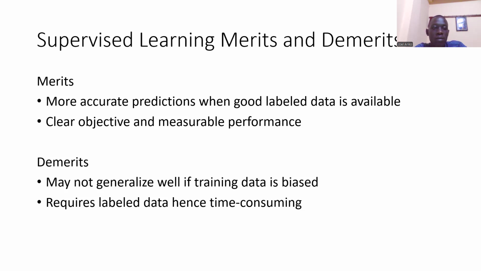We opt for more accurate predictions, and therefore it also requires labeled data, and this is time consuming, whereby when you have very many data sets, you have to label them. It helps the model to learn faster based on the labeled data in order to obtain accuracy.